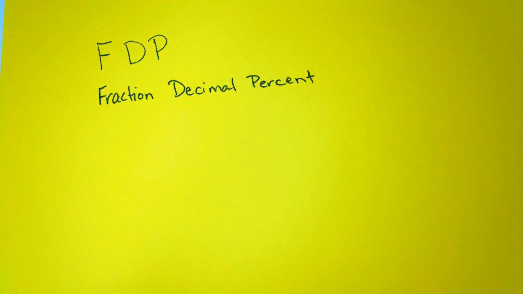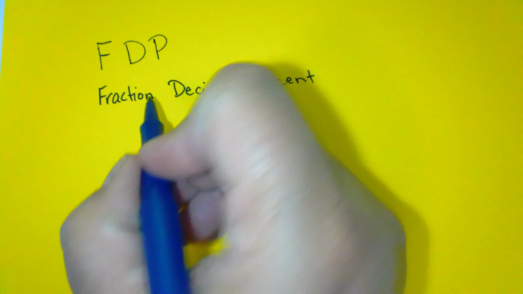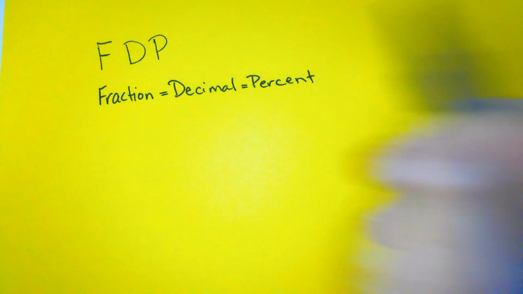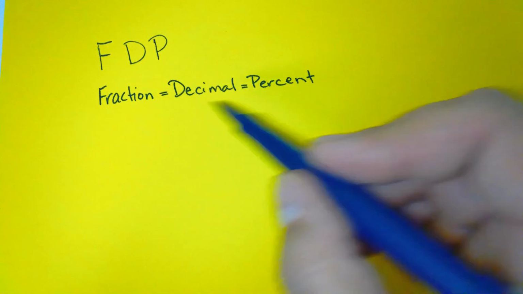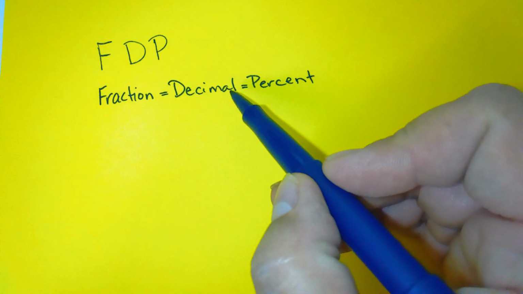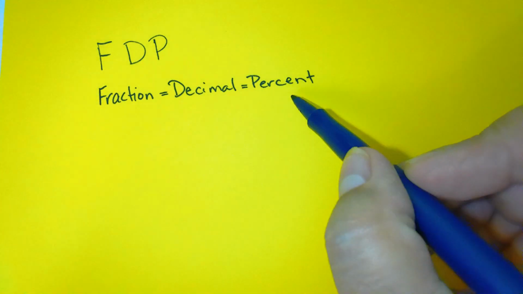Okay, when we start talking about fractions, decimals, and percents, just like we did the first time, our review idea is that we want each of these to be able to be equal to each other. For that to happen, we want to be able to turn a fraction into a decimal into a percent.